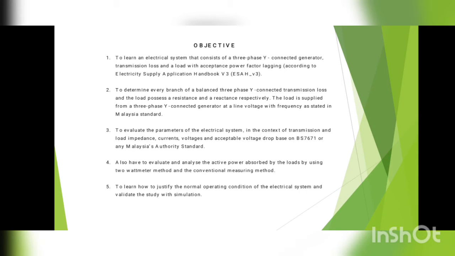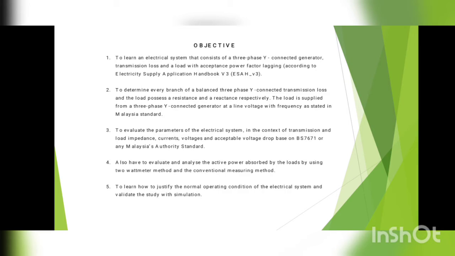Third, to evaluate the parameters of the electrical system in the context of transmission and load impedance, current, voltage, and acceptable voltage drop based on BS 7671 or any Malaysian authority standard.